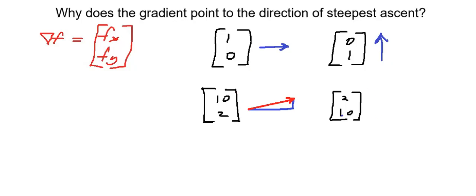And if the heavier slope is in the y direction, well then we go 2 x's this way, 10 y's that way. We'd have a vector looking something like this. And so this thing is trying as hard as it can to point in the y direction, toward the heavier slope, the steeper slope. So that's intuition. It's not rigorous, but maybe that helps.